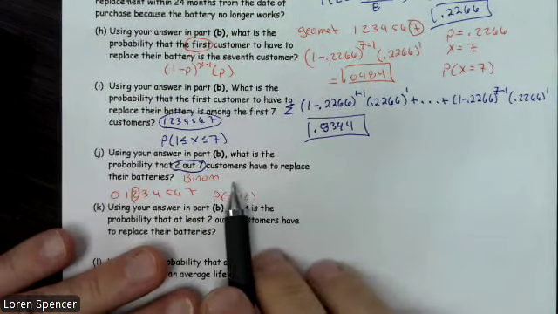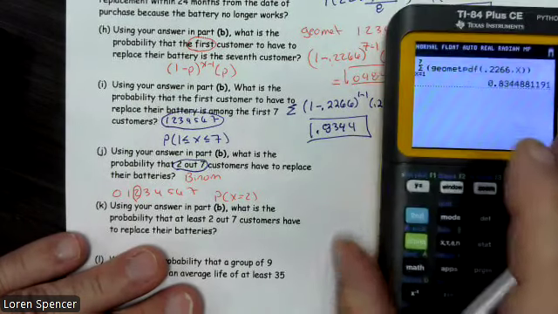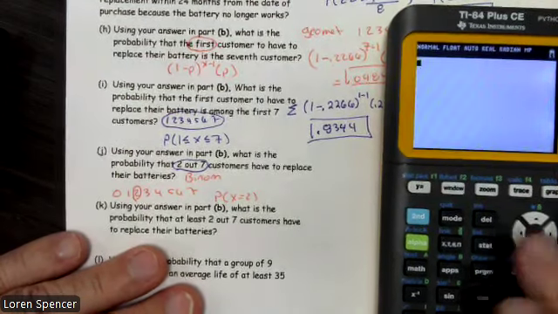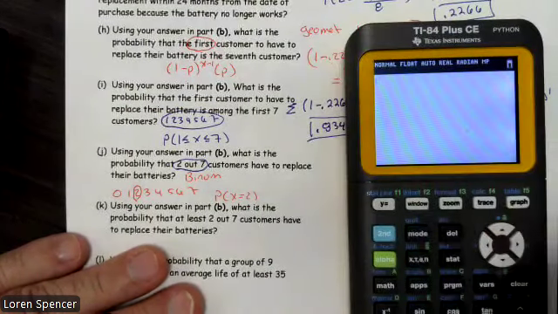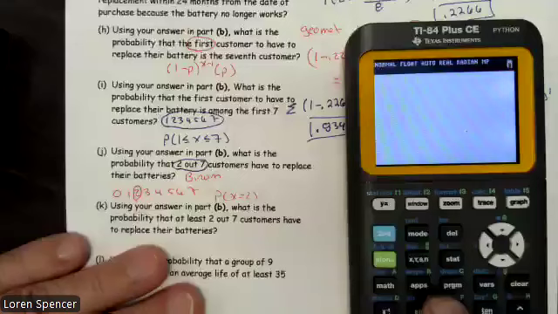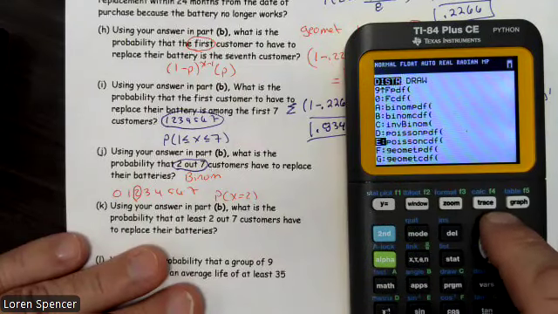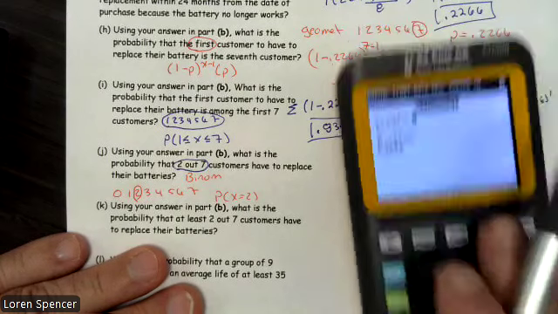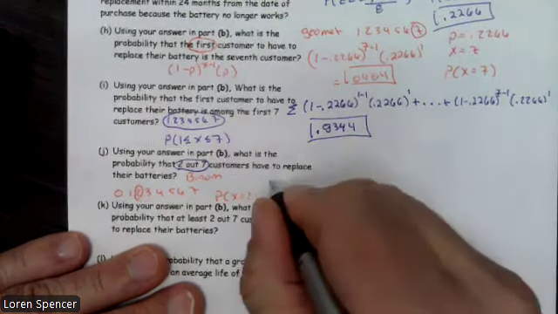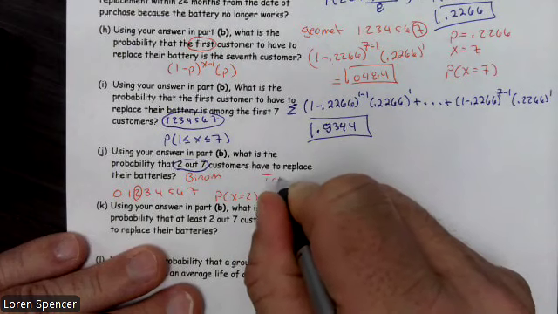All right, let's look and see what it tells us the binomial looks like. So second VARS, binomial PDF. When I look at that, it asks me for the trials.